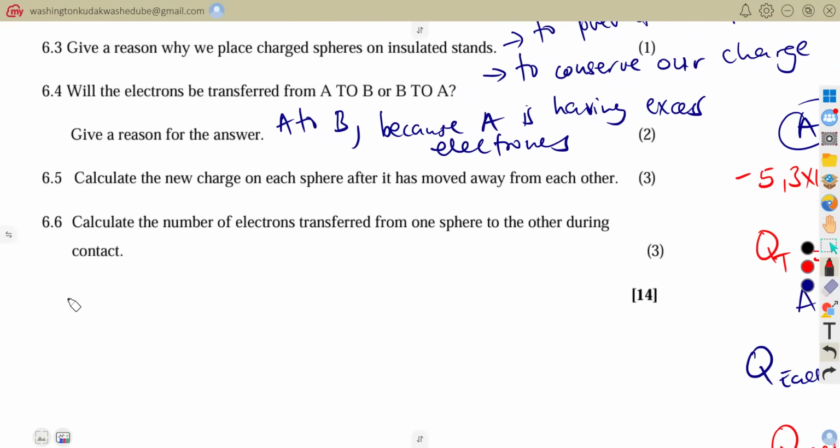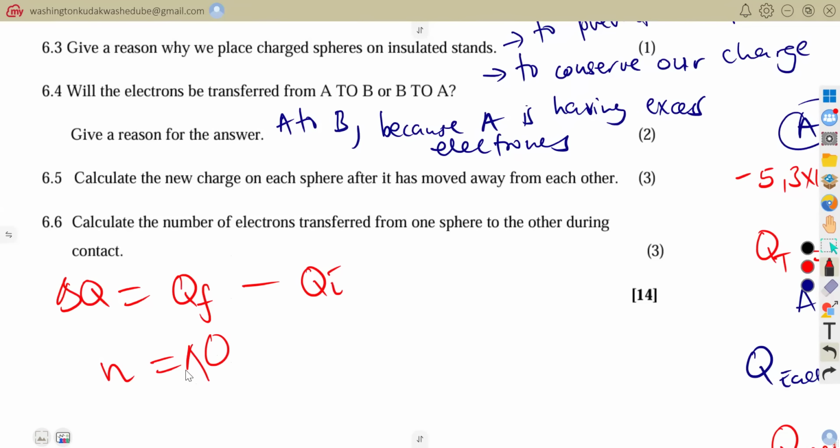Now, for you to calculate the number of electrons, you need to calculate the change in charge. Change in charge is just final charge minus initial charge of each. Then the number of electrons would be equal to the change in charge divided by the charge of an electron.